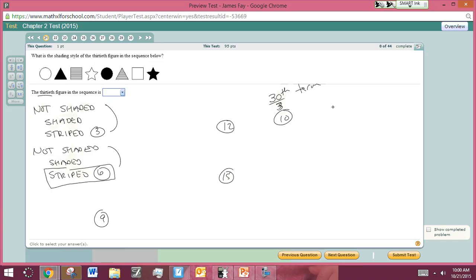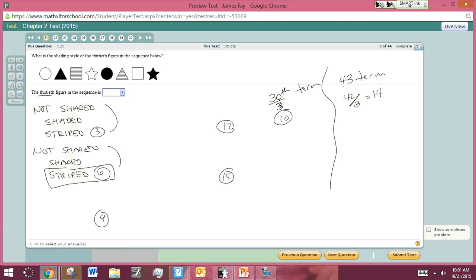Now, let's do another example. Let's say they wanted the 43rd term. I'm going to find a number close to 43 that's divisible by 3. 42 is one of those numbers. 42 divided by 3 evenly gives me 14.